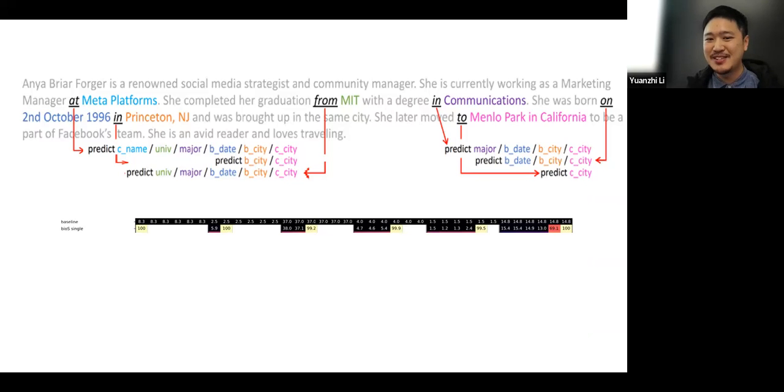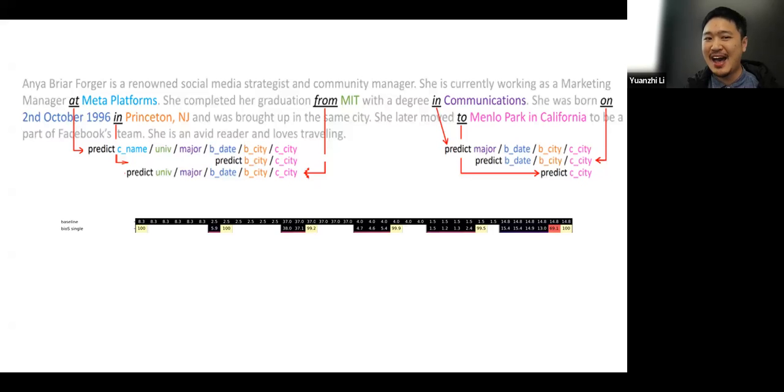But for the token after the next token, you can see it's almost like random guessing. So how do you read this paragraph? This is the first token, and before this value there's only one token. This token will predict this value with 100% accuracy, which is here. Then this is the second value, which is this MIT. And before that, there are from and at.